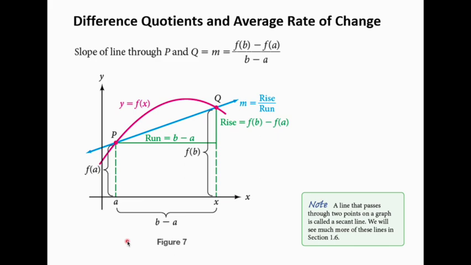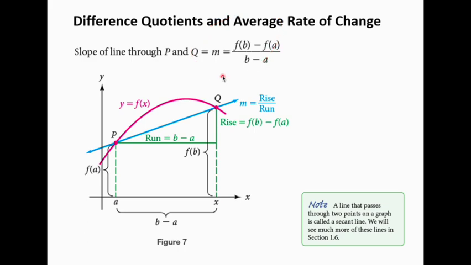What we're about to talk about will lead us into the differences between secant lines and tangent lines, which will then help us learn about limits, then derivatives, and then integrals. So pretty much everything in calculus is based on this. So it's really important.